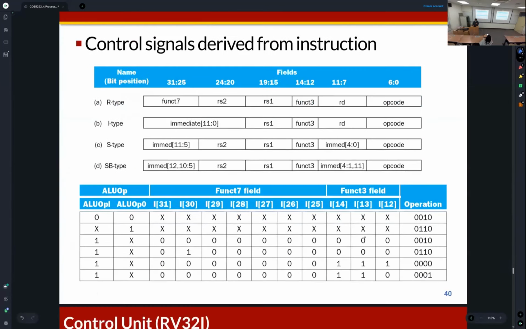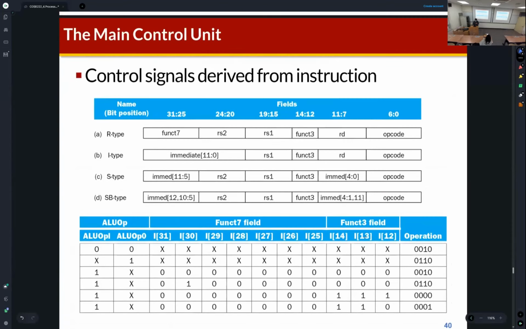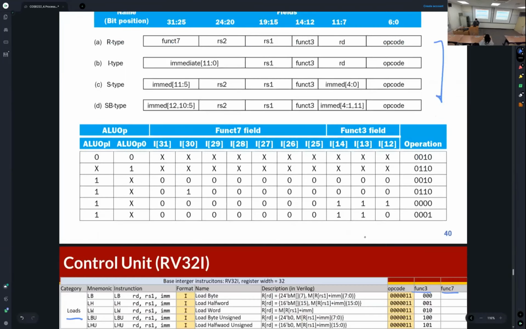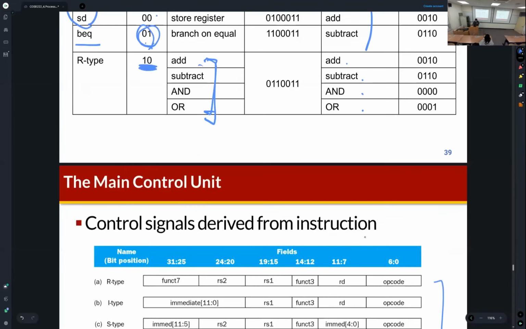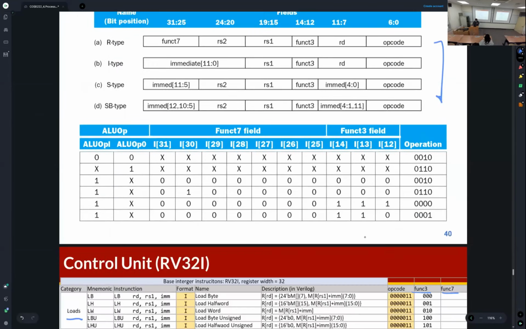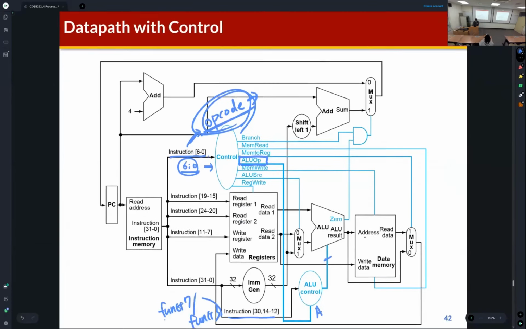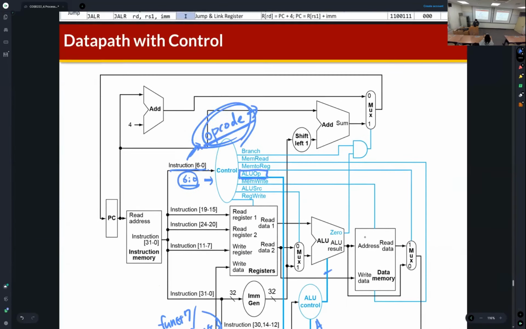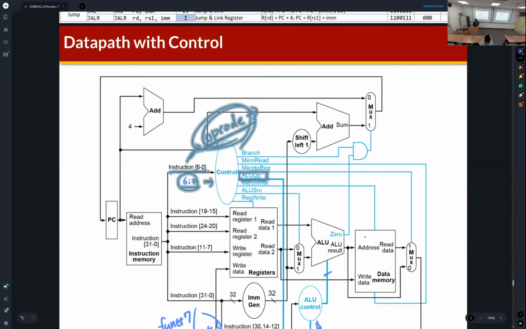Okay, this is the ALU control signal, and this slide also explains how the ALU operations are decided. Let's see the other control signals. If you see this control unit, you can find that the control unit generates many other control signals.